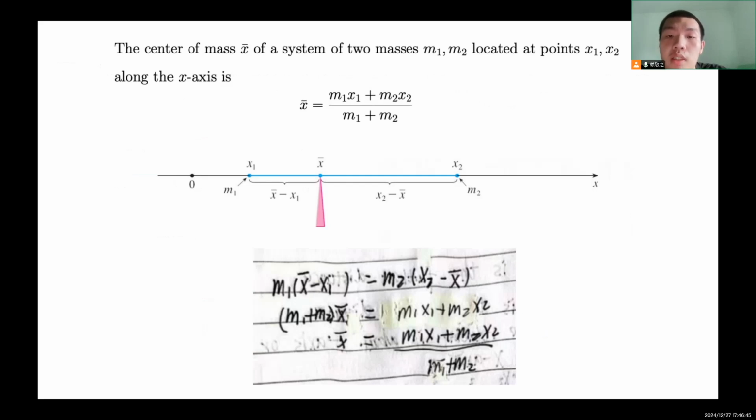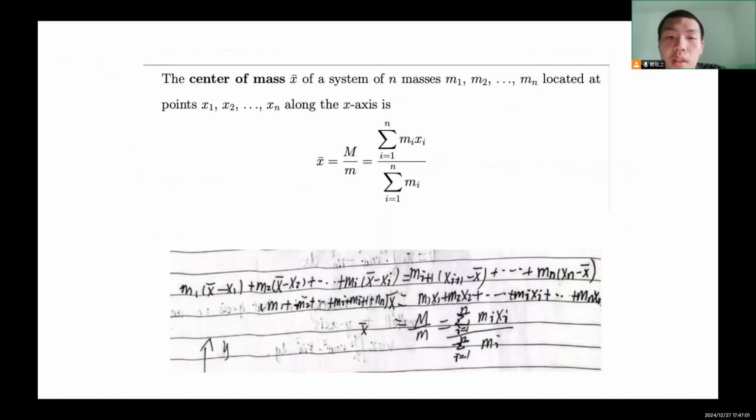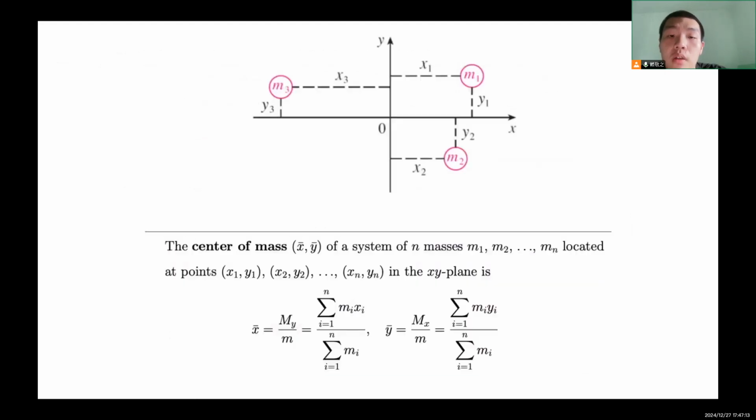We assume this point is x bar, and we can calculate it by writing a balance formula and simplifying it to the formula (m1 times x1 plus m2 times x2) divided by (m1 plus m2). And when we have many masses on both sides, we can do the same thing and the result is similar, which is the sum of all moments divided by the sum of all m.